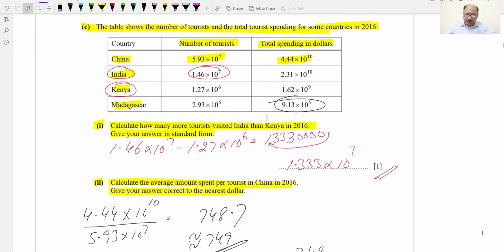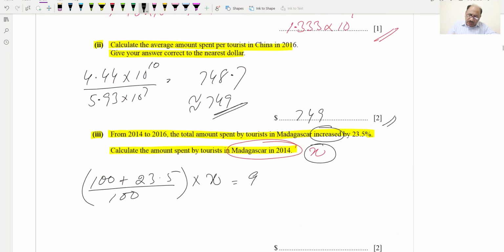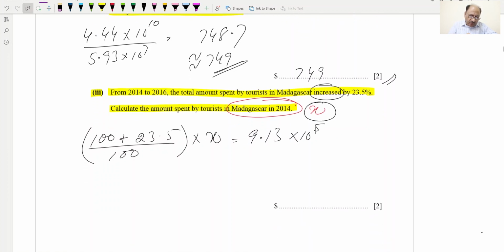which is 9.13 times 10 raised to the power 5. Now we need to find the value of x.